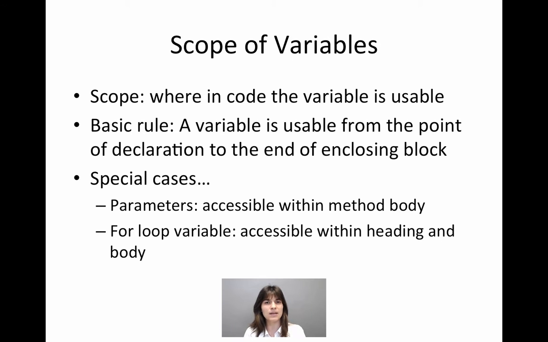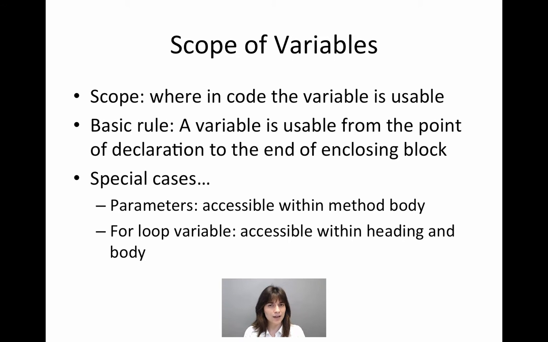Special cases that may be more puzzling to figure out the scope. Parameters of methods. The parameters are accessible within the method body. It is as if we were declaring the parameters at the very first line of the method body. So we can use them anywhere we like inside the method, and inside the method only. Also, loop variables.